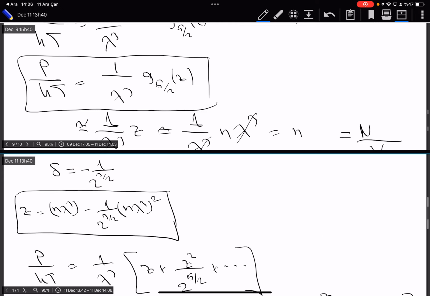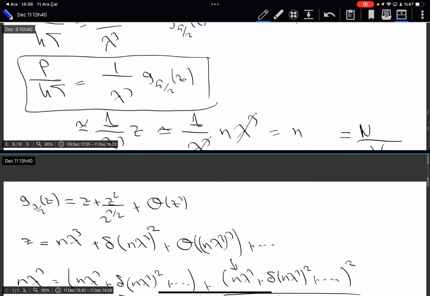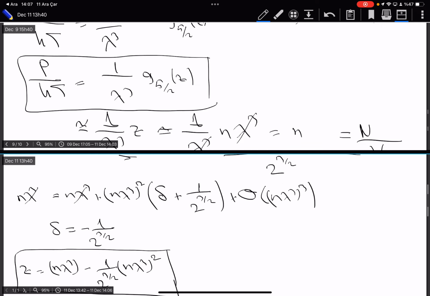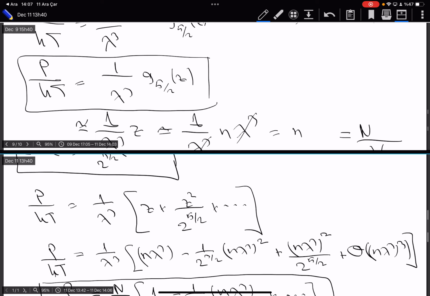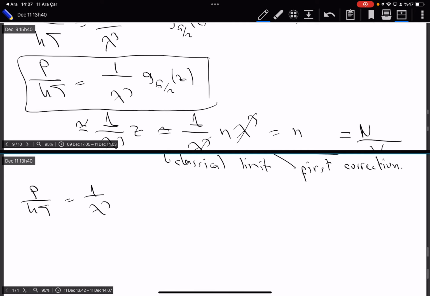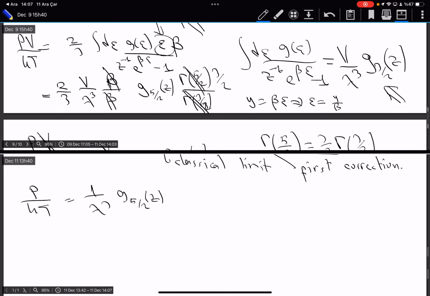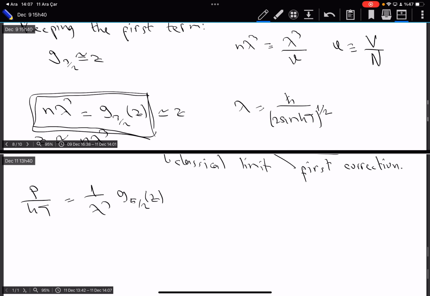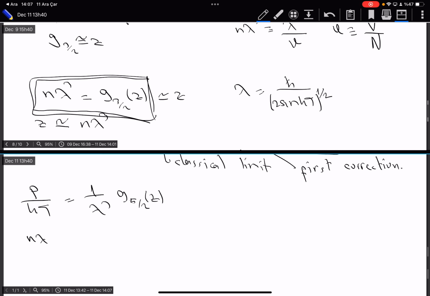So let me collect the basic equations I have. P over KT will be 1 over lambda cubed G5 over 2 of Z, and n lambda cubed is equal to G3 over 2 of Z. You see, these are valid whatever the temperature is.